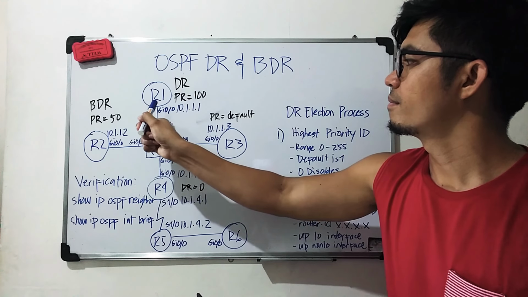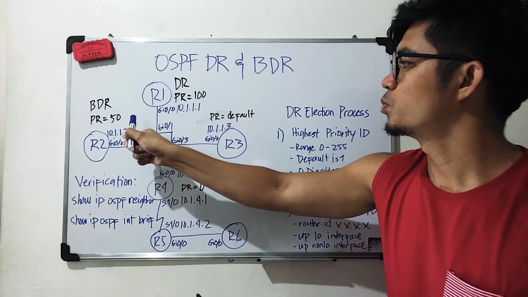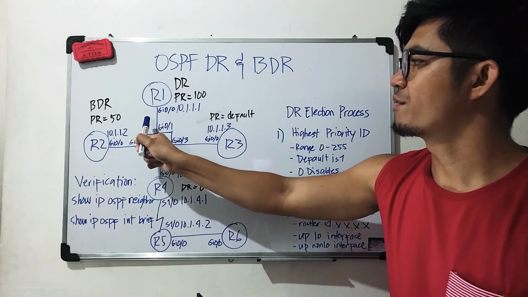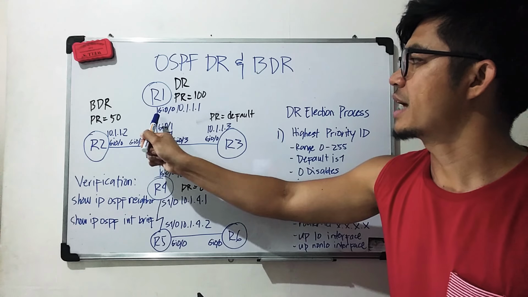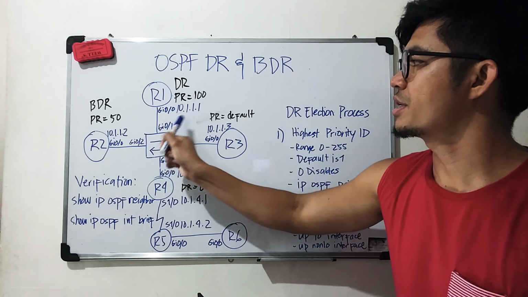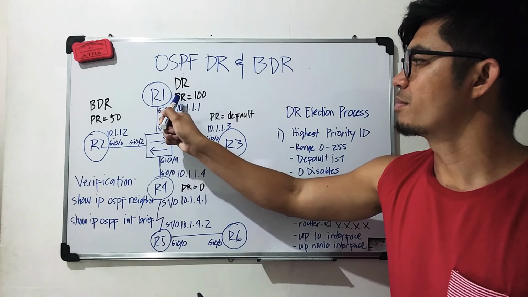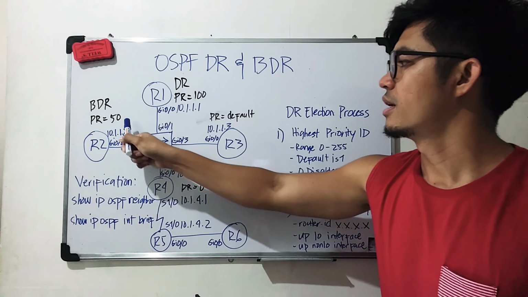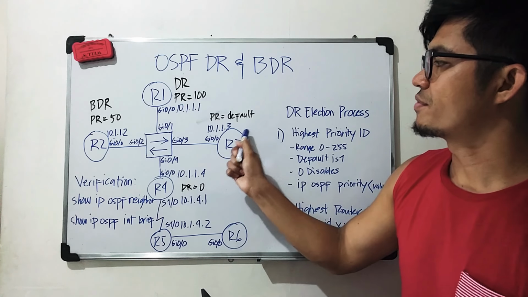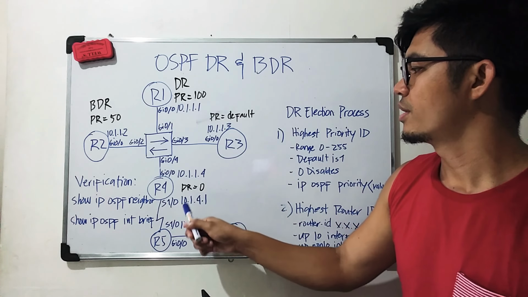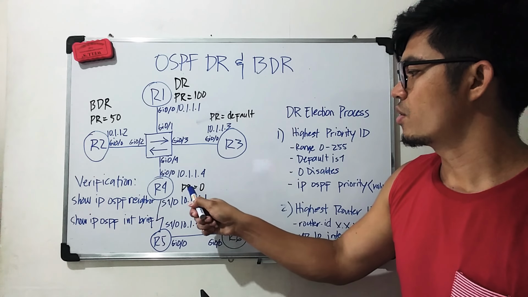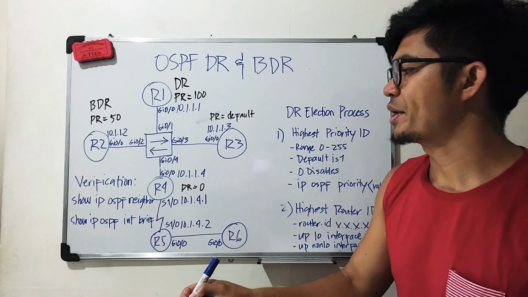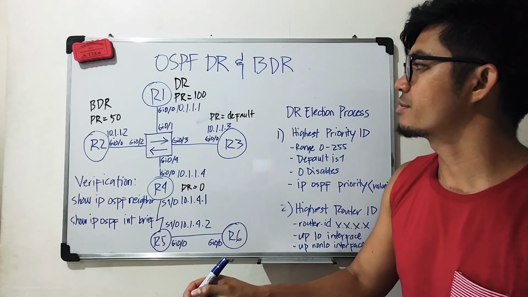In this case, let's just assume that I've already configured the priority of these routers. R1 has priority 100, R2 50, R3 default, which is 1, and R4 is 0, which eliminates it from participating in the DR and BDR election process.